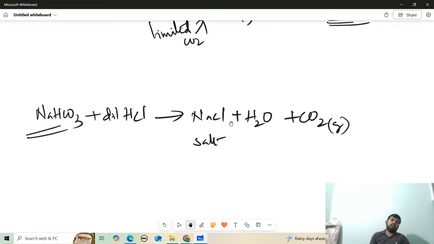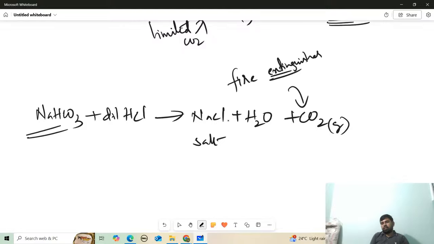So how can they confirm, how can they give the question about the CO2? You know very well it is going to extinguish the fire. This extinguishes the fire, so they can ask that. Or else we can say this will be a brisk effervescence. This is related to the CO2 gas.